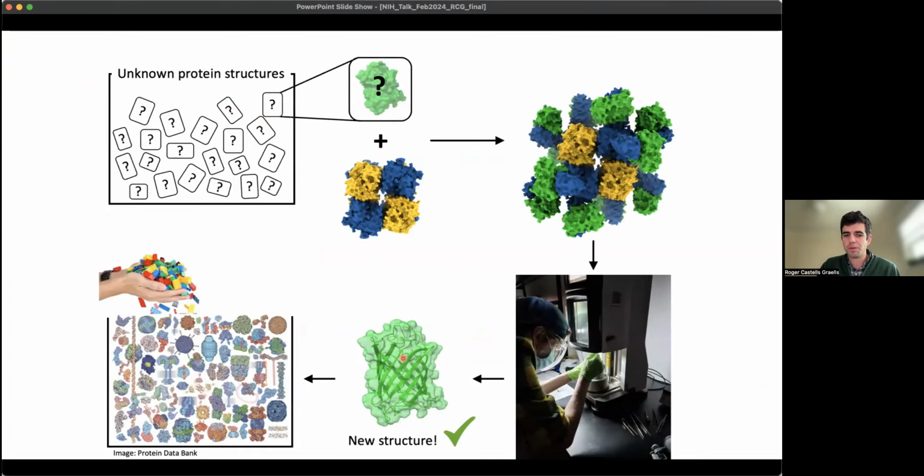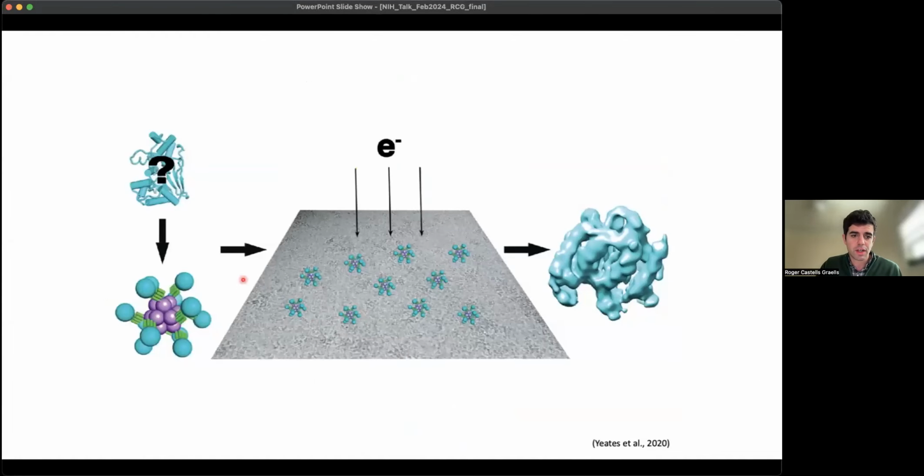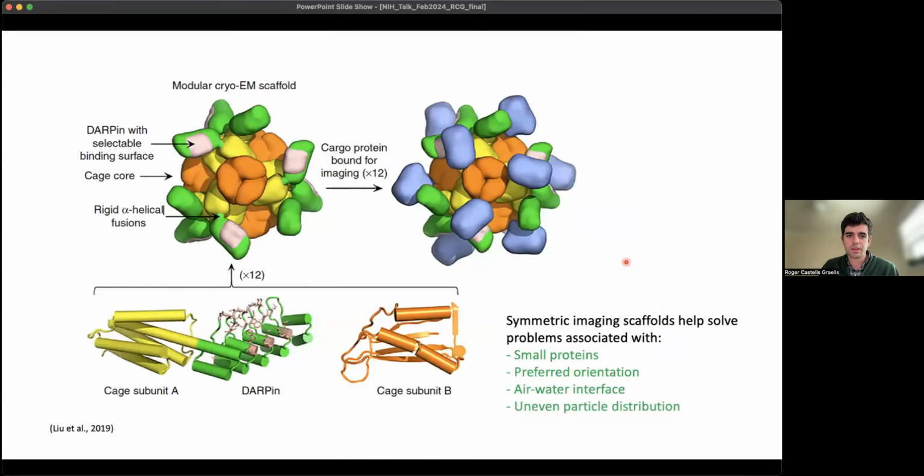And now the idea is that we will have lots of new protein structures. And here you can see, for example, a protein that is too small to be seen, but now we are attaching it to this scaffold. We put it in the cryo-EM microscope, and then we collect the data, and now we can solve this protein structure of interest.